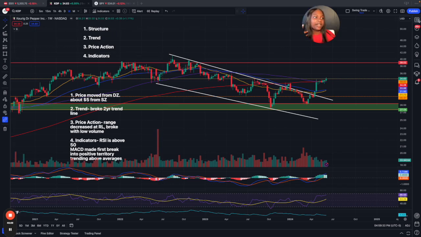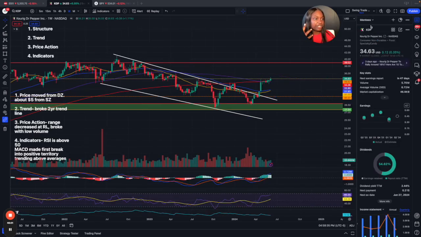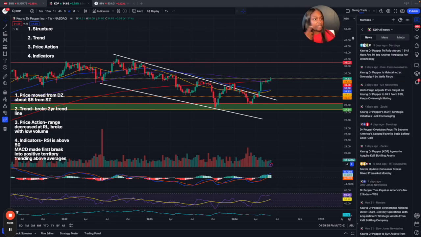Now, something else that absolutely fascinates me with Keurig Dr Pepper right now, while I'm really looking at it, is the news. So if I pull this up, Keurig Dr Pepper to rally around 18%. Here are top 10 analyst forecasts for Wednesday. Keurig Dr Pepper is maintained at overweight. Wells Fargo adjusts price target on Dr Pepper from 41 to 39, keeps it overweight.